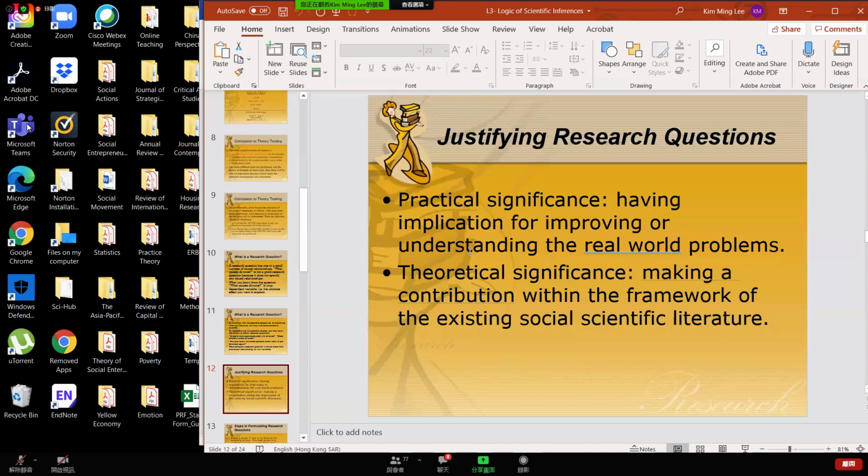The second one is more difficult. That is the theoretical significance: whether your study makes a contribution within the framework of existing social scientific literature. That means whether you will improve the theory or fill up some so-called knowledge gap.